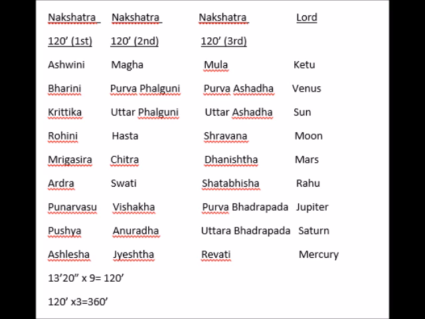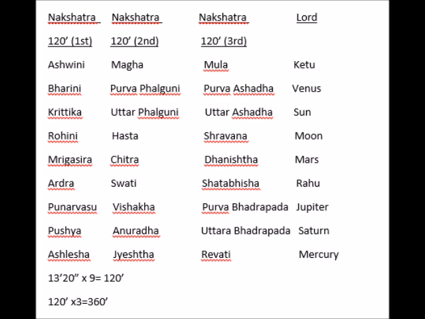If you multiply 3 degrees and 20 minutes times 4, it comes to exactly 13 degrees and 20 minutes, the distance of the nakshatra. But don't confuse yourself with padas right now. Just look at this table, and it's extremely important.